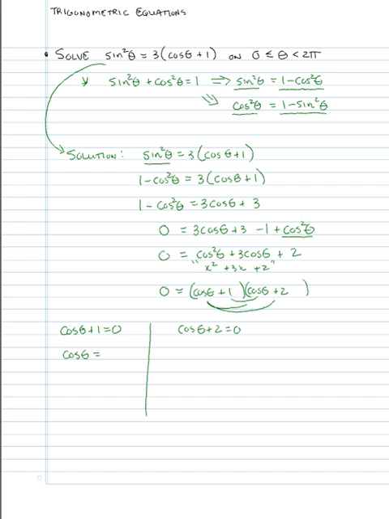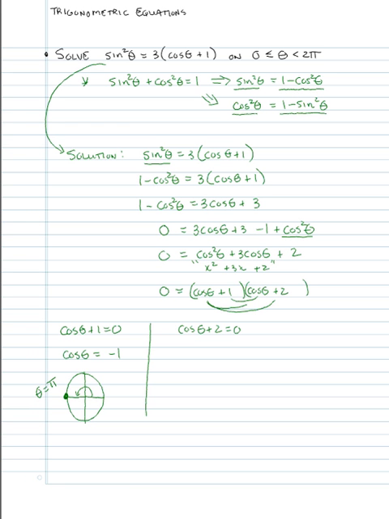So I get cosine of theta is equal to negative 1. And when I look at the unit circle and try to decide where that happens, cosine of theta is negative 1 at this position. That's the only place we have a first coordinate that's negative 1. Well, what angle is that? Oh, that's the angle pi, isn't it? So I know pi is a solution.